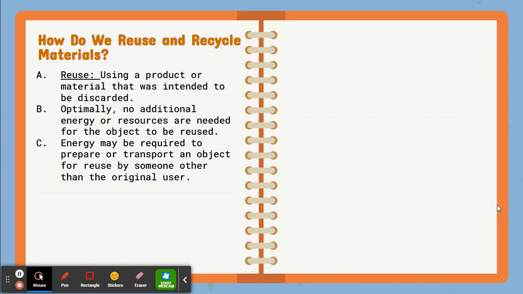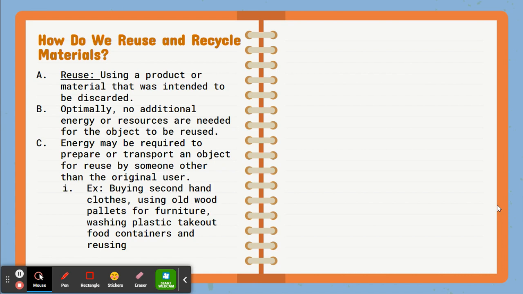Energy may, however, be required to prepare or transmit the object for reuse by someone or the original user, but it's not going to dedicate, obviously, as much energy as it would if you had to create the product all over again. Some examples of that can be buying secondhand clothes, using old wood pallets for newer furniture, washing plastic takeout food containers, and reusing them for the future.